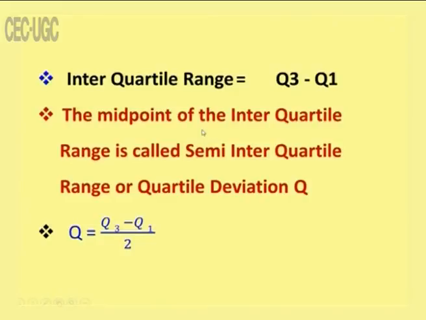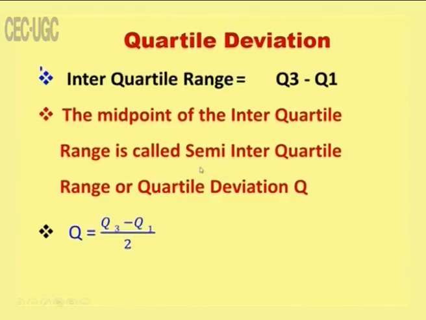That means, if this is Q1, this is Q3, this is the difference between Q3 and Q1. This difference is called the interquartile range, and if we are dividing that at the midpoint of the interquartile range, that is called the quartile deviation.